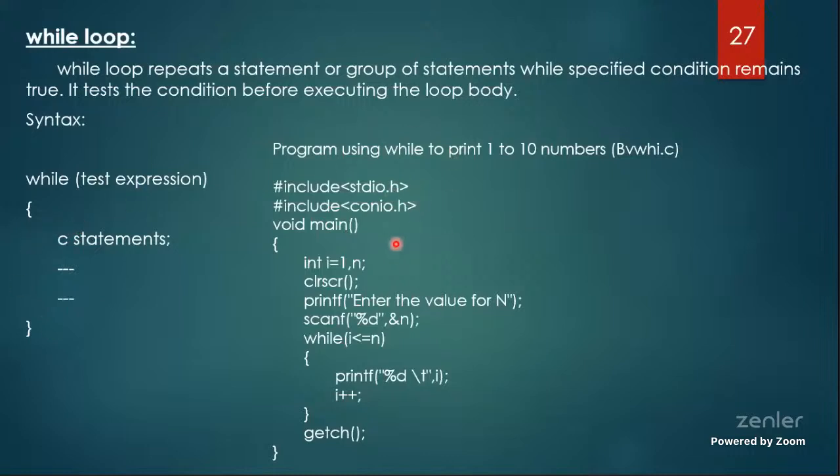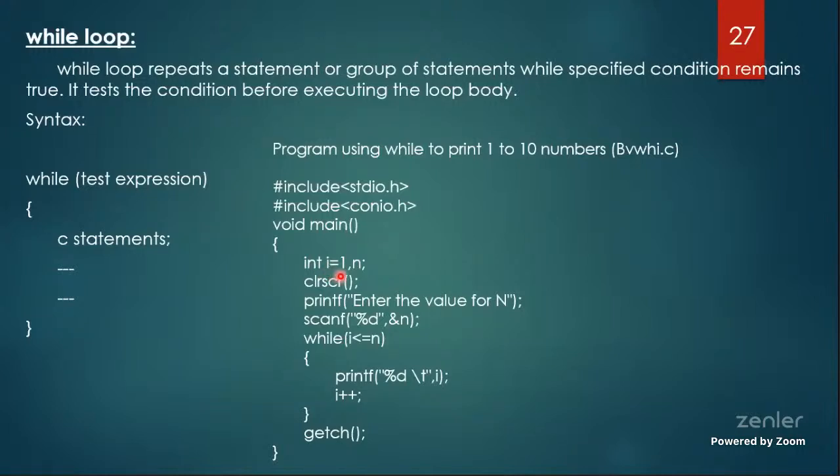Let us go for the program. i is equal to 1, comma n. Two variables I have taken. n is for taking the value up to what you want to print. I want to store one value in one variable, so I have taken n, and I have initialized the variable i as i is equal to 1.